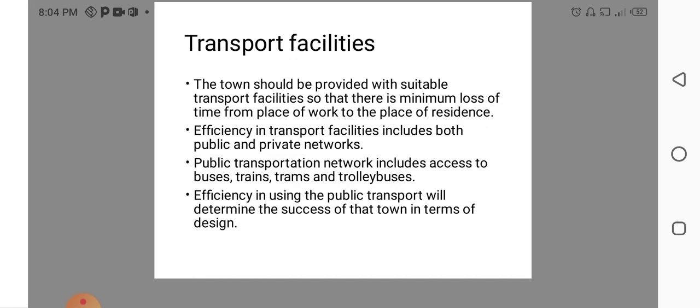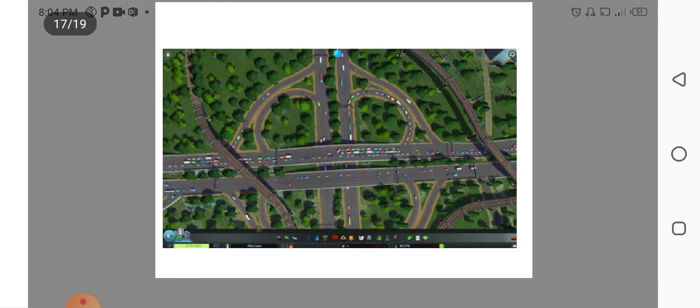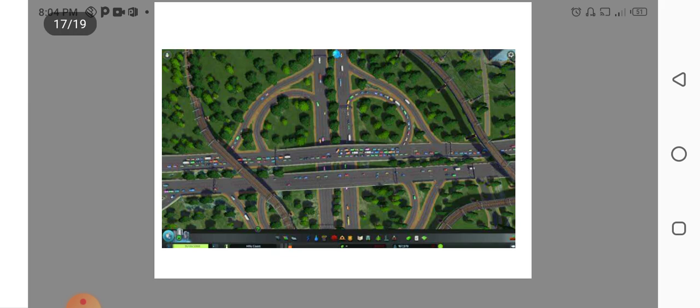Public transportation networks include bus, train, trams, trolley buses, etc. Efficiency in the use of public transportation will determine the success of that town in terms of design. So public transport development is a must in town planning. Here you can see some of the well planned networks available.